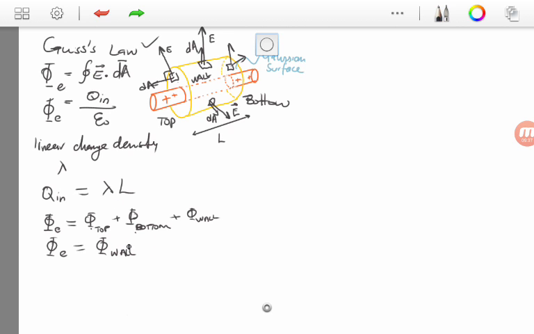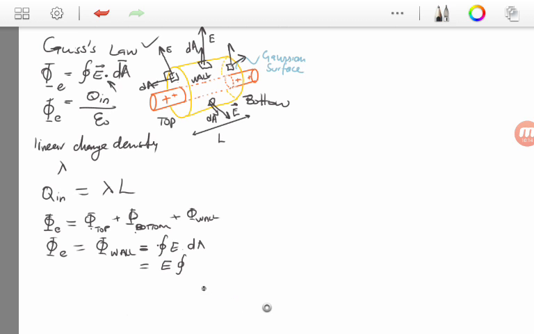Since we know that it's E dot dA, we can remove this dot here, since both of them are parallel to each other. We know that the electric field remains constant, so we can take it out of the integral sign.